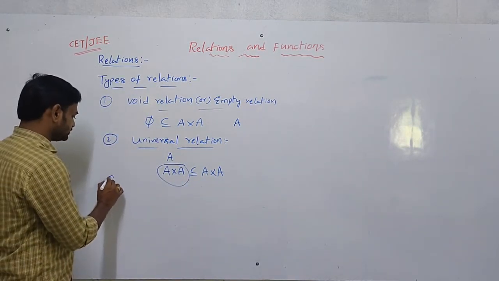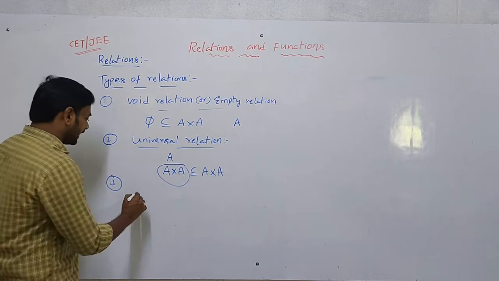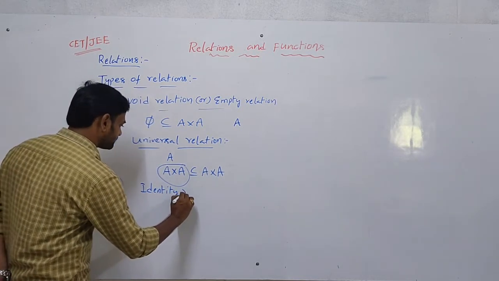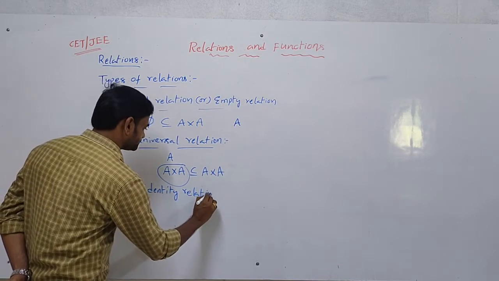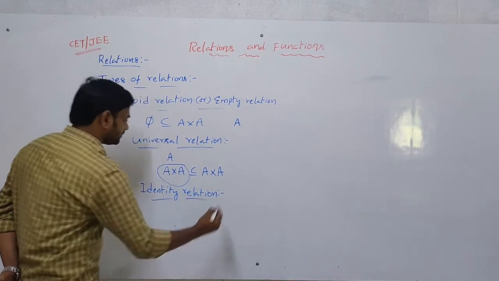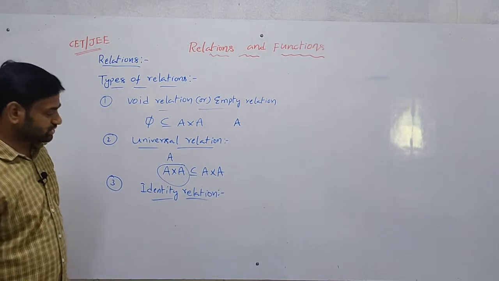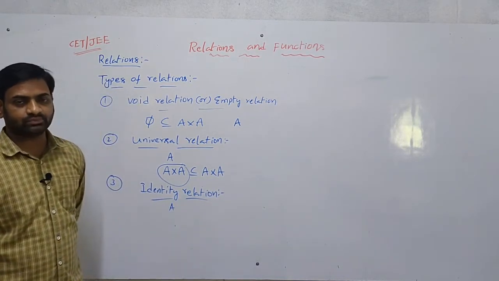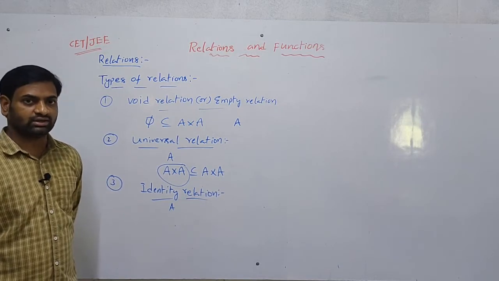Next, the third one is identity relation. Here, I am taking capital A as a set.